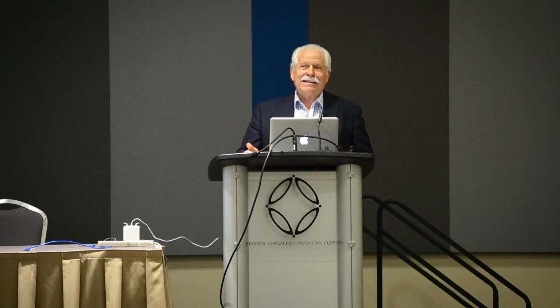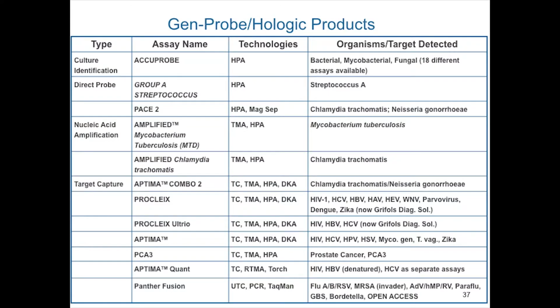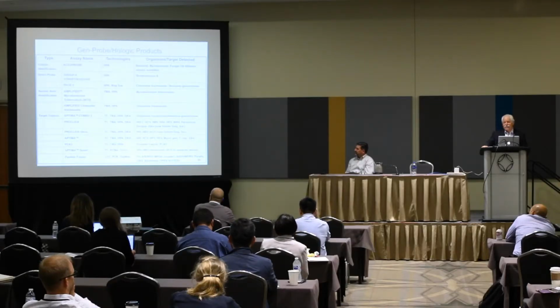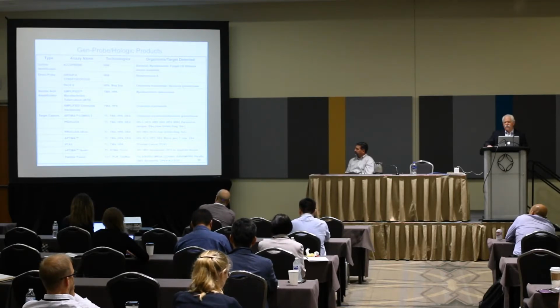The one very cool thing I will say about the Panther system, and it was nearing the end of its development when I was at GenProbe the second time, is that the Panther runs all of these assays on a single platform. So it will do endpoint, it'll do TMA and endpoint chemiluminescence. It will do real-time molecular torch fluorescent real-time. And in what we call the sidecar, that's where the fusion part comes in, it will do universal target capture.